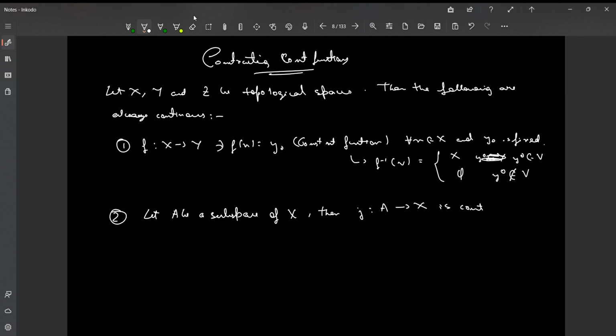Why is it so? It's an arbitrary mapping from the subspace to the whole space.